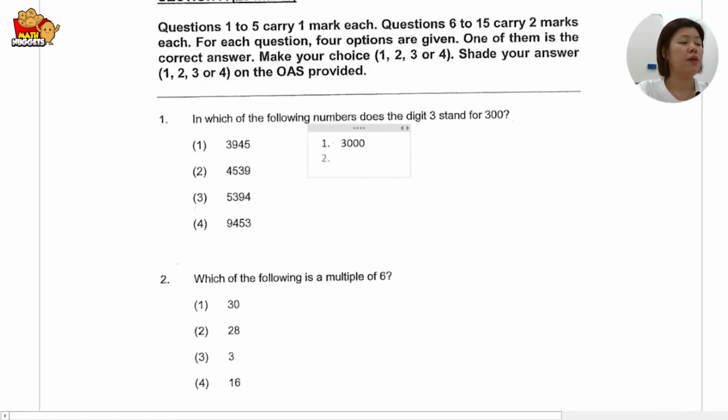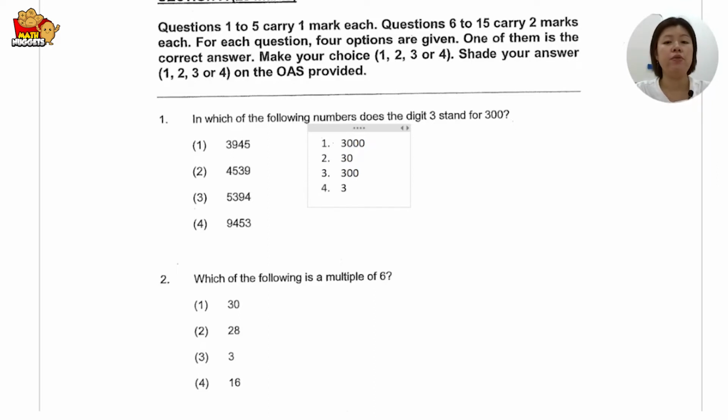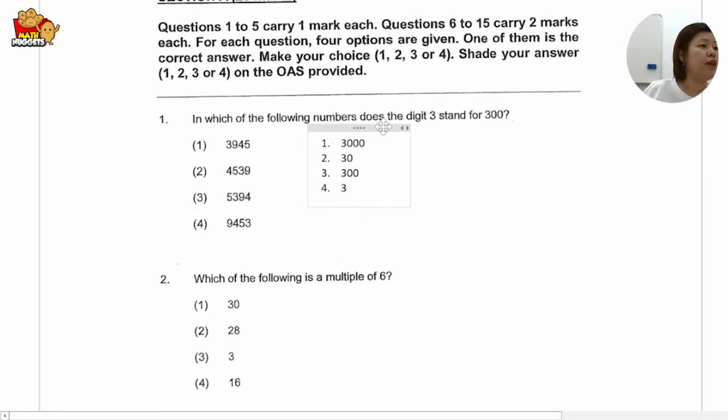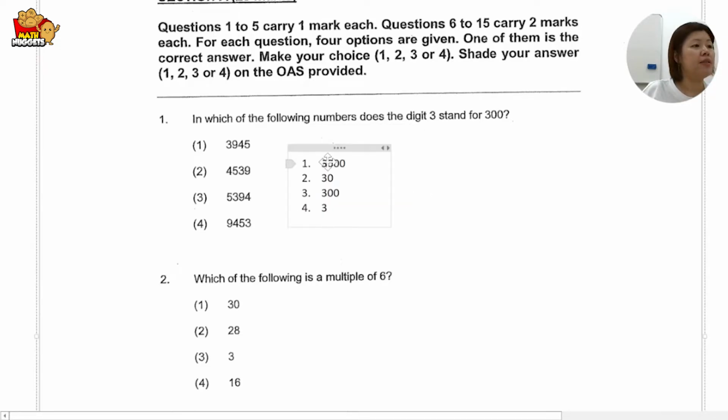Option 2, my digit 3 is in the tens place, so it will be 30. Option 3, digit 3 is in the hundreds place, so it's 300. And option 4, the 3 is in the ones place, which is 3. So if you can see from here, my answer to get 300 is actually option 3.